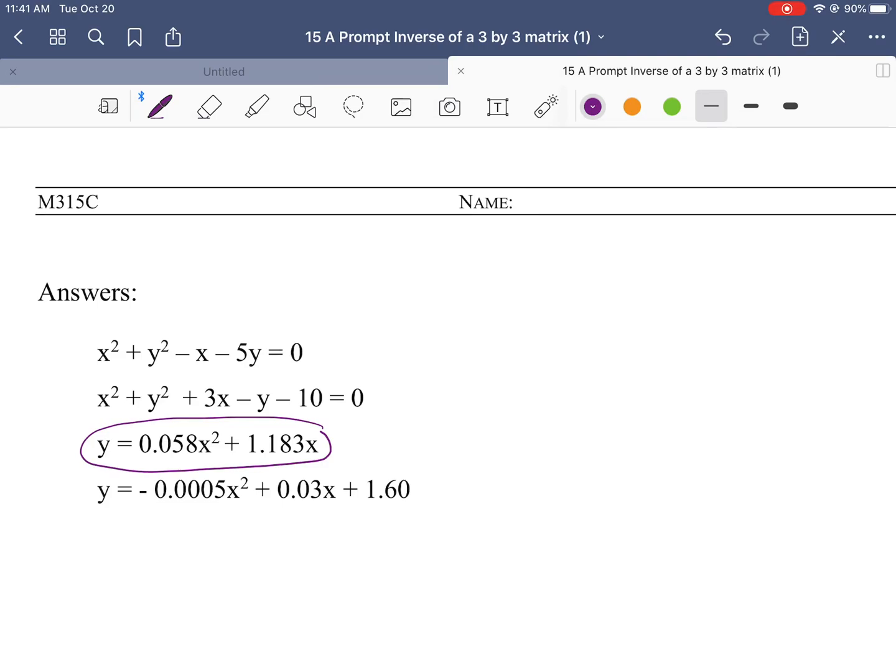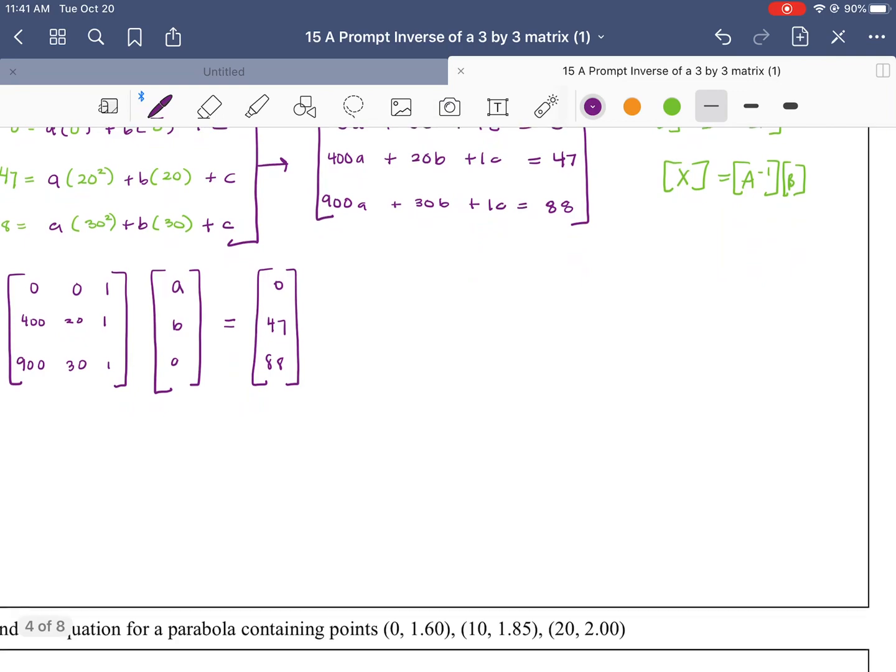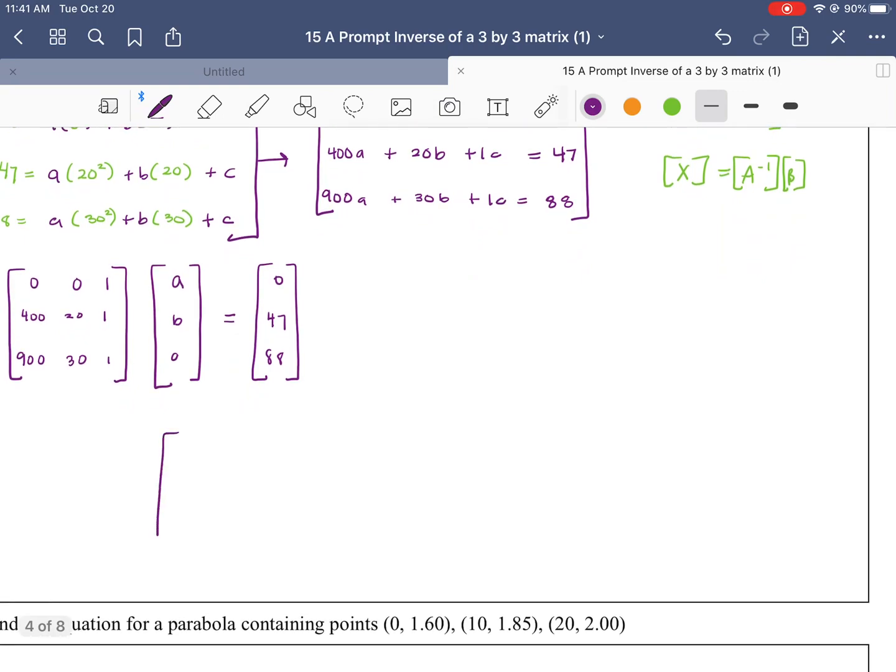And then the C value is going to be 0. So when we solve for X, or our A, B, and C, we were given 0.058, 1.183, and 0.